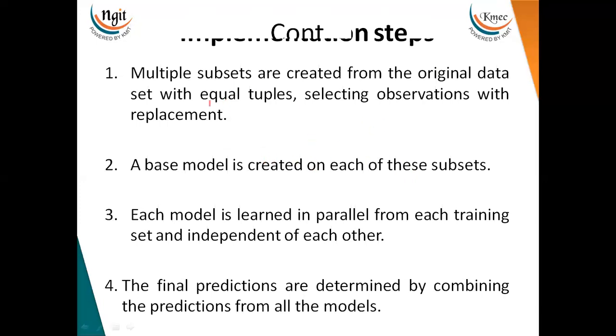The first step is you want subsets with equal tuples. So whatever subset or batch of your data, it contains an equal number of tuples. Then execute each model on these tuples. That is parallel execution. And the final prediction you make by applying majority voting.